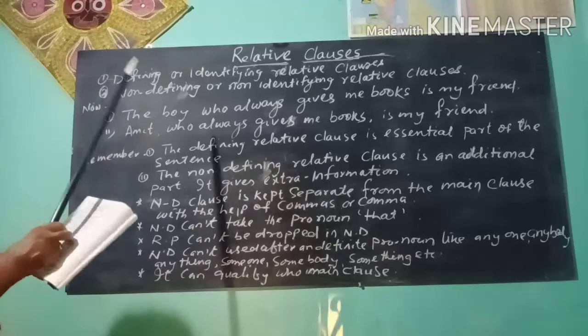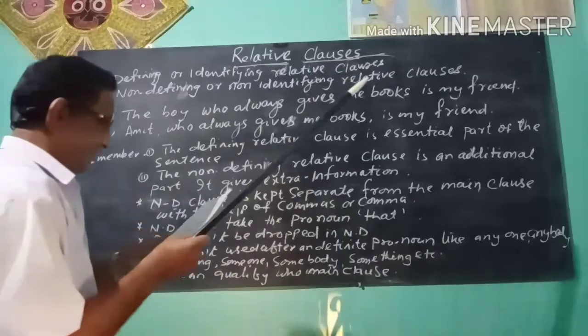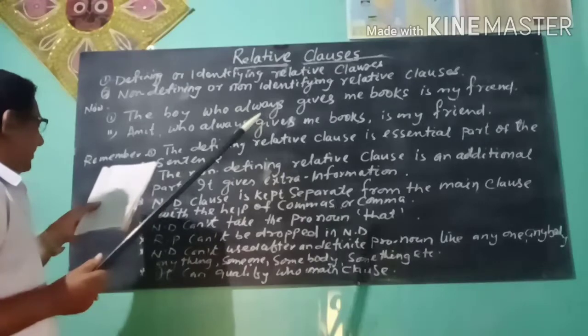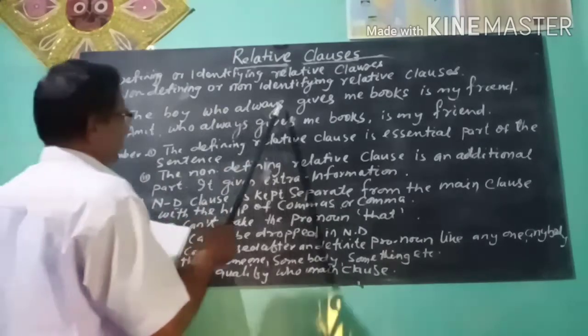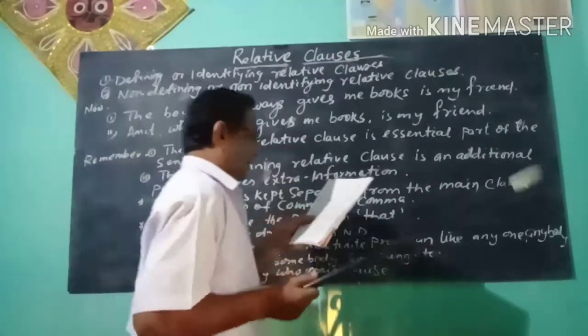From these two sentences, we should know in sentence 1, the relative clause who always gives me books is a defining relative clause, because this relative clause defines the noun phrase the boy.